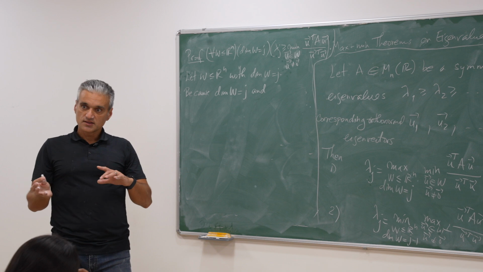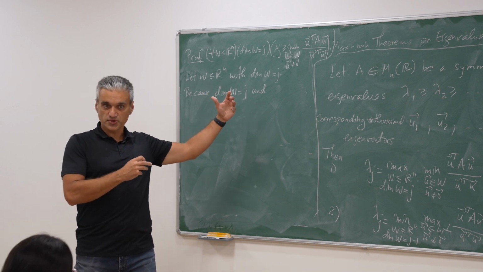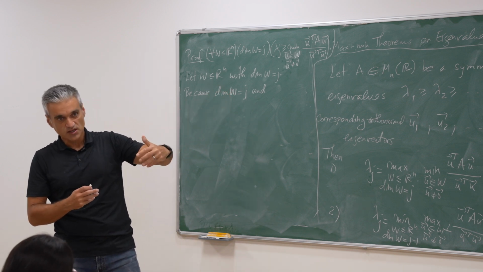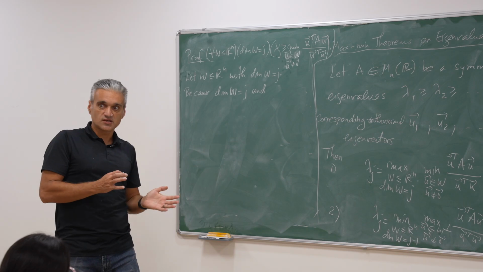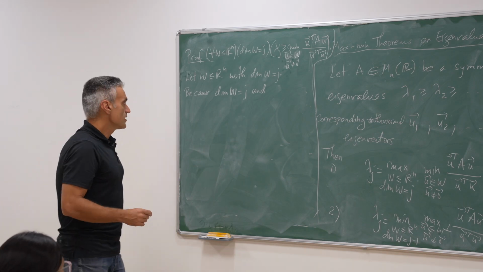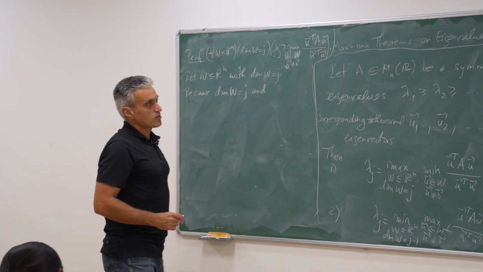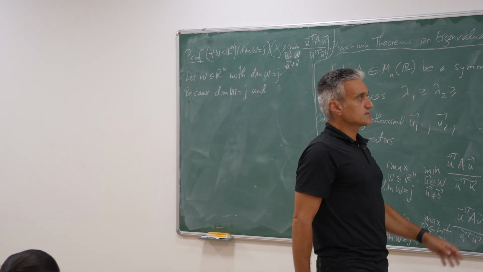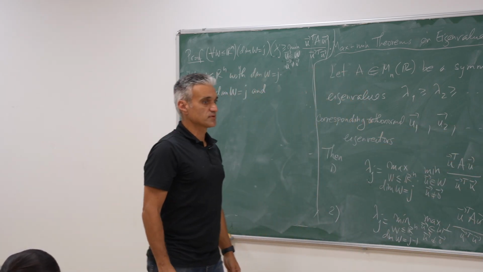On one hand it is the smallest if you view it from the top, lambda 1, lambda 2, lambda j, and on the other hand it is the largest if you view it from below. So now what we're going to look at is this uj minus 1 perp vector.